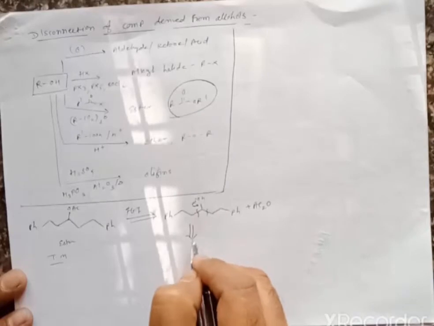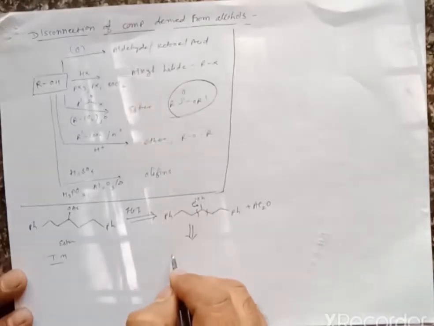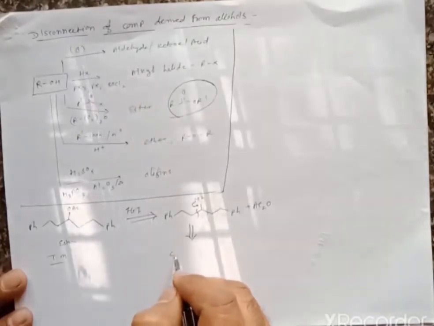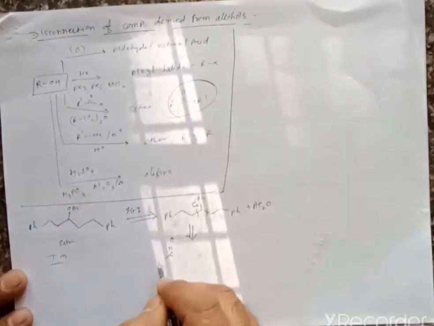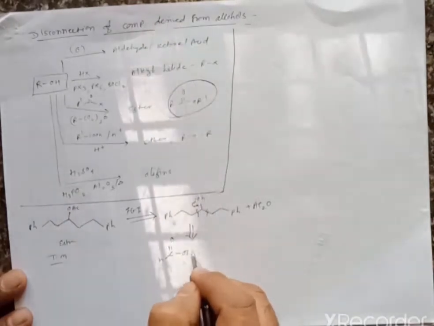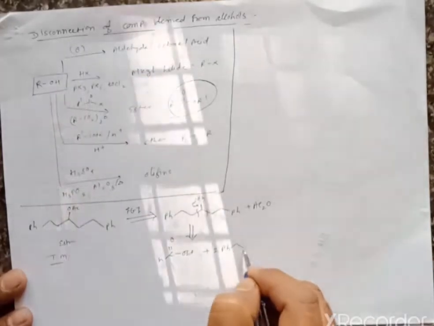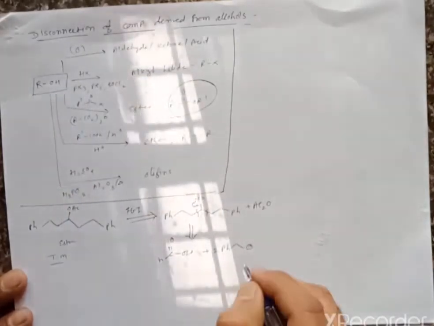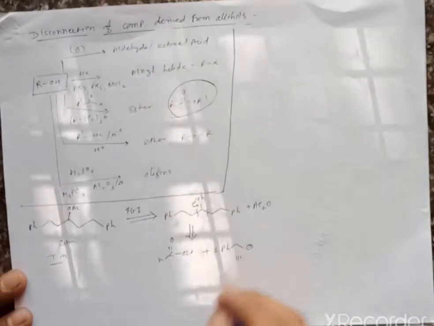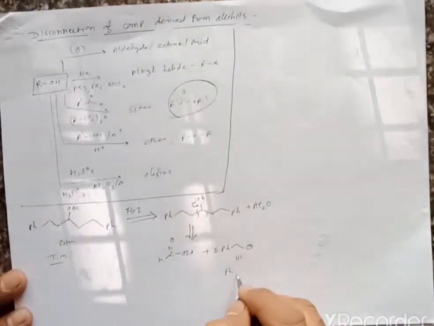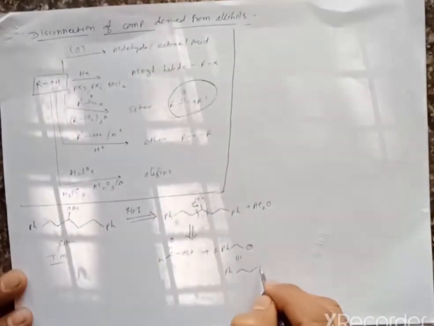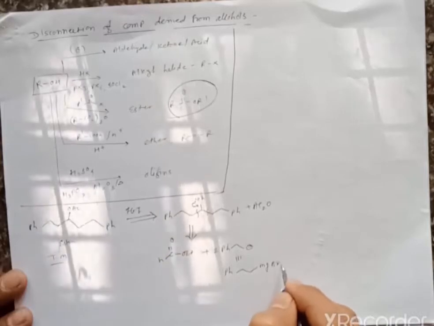That is C=O, H and OEt, plus the formation of two molecules of PhCH2 minus, right? The synthetic equivalent for this is PhCH2MgBr, right?